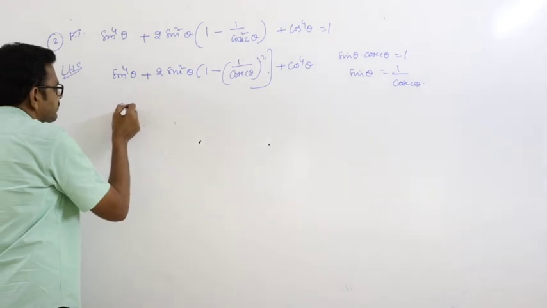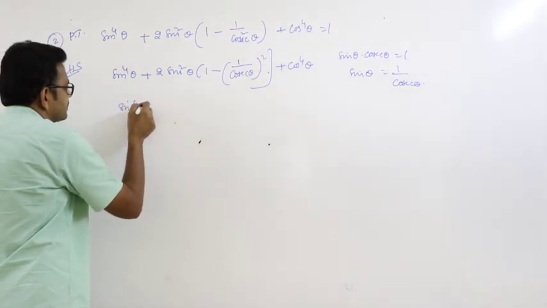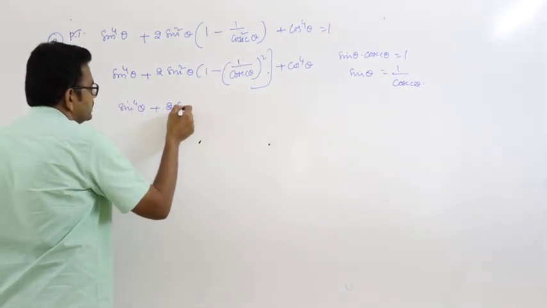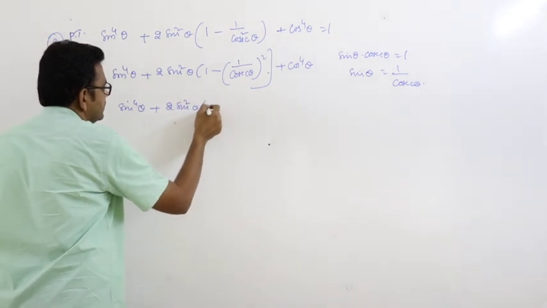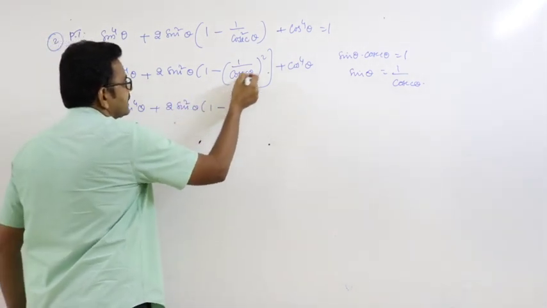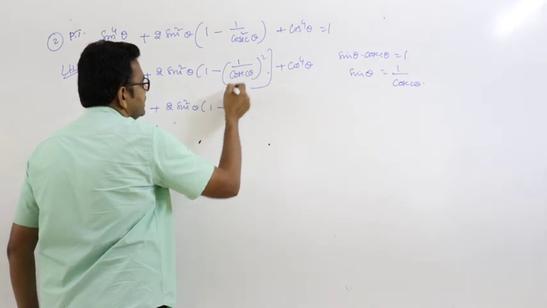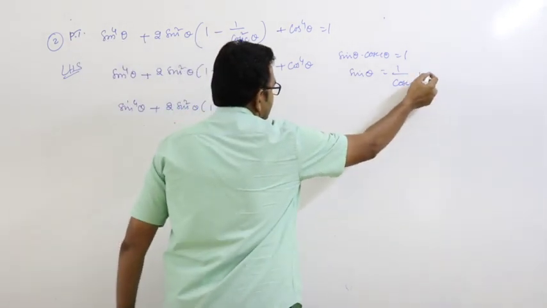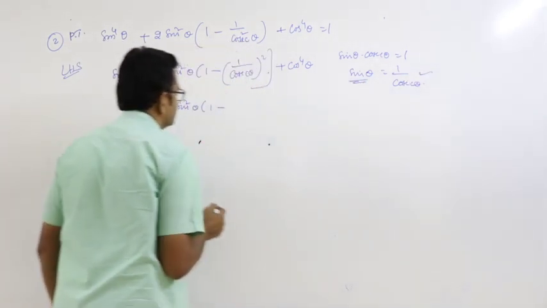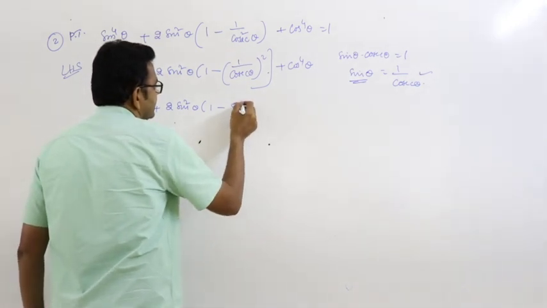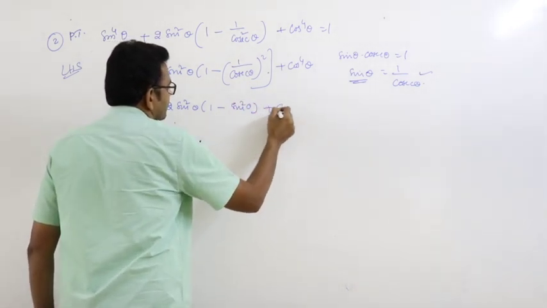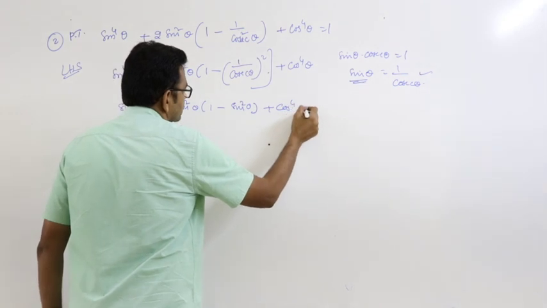So this is sin power 4 theta plus 2 sin square theta into 1 minus sin square theta, since 1 by cosecant theta is sin theta. So this is sin square theta plus cos power 4 theta.